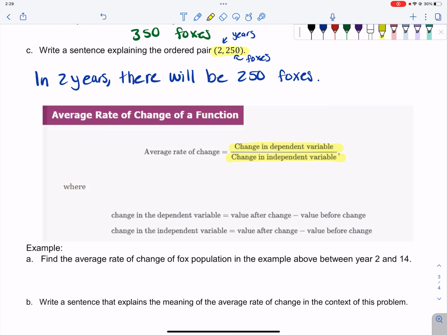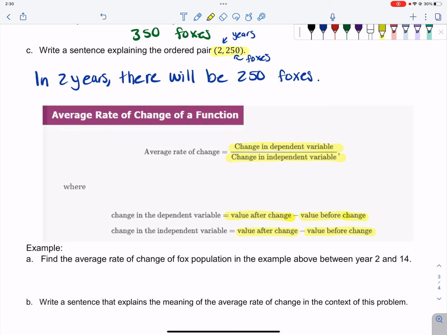We need to be careful with this change to make sure we're staying consistent with these two. So the change in the dependent variable is our value after change minus the value before change. And similarly with the independent variable, it's going to be our value after change minus the value before the change.